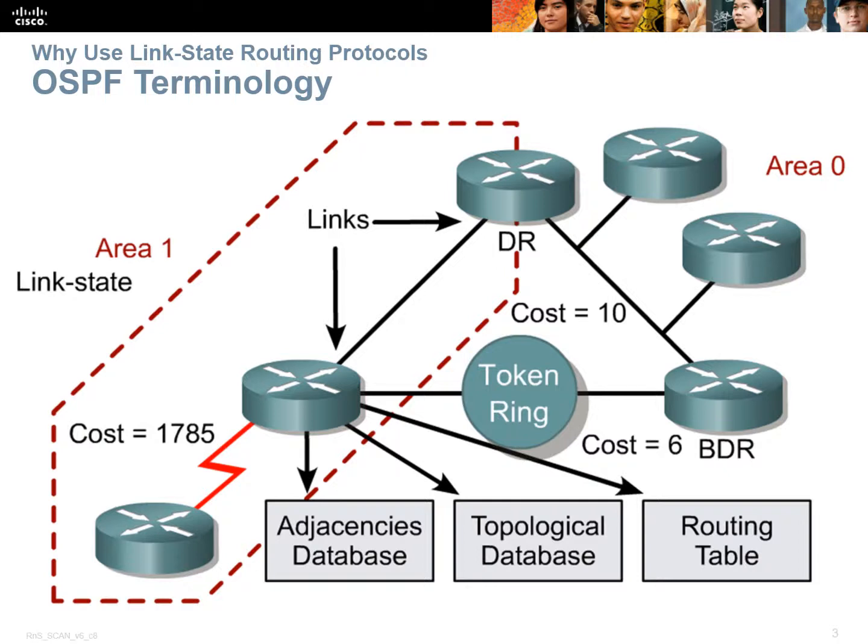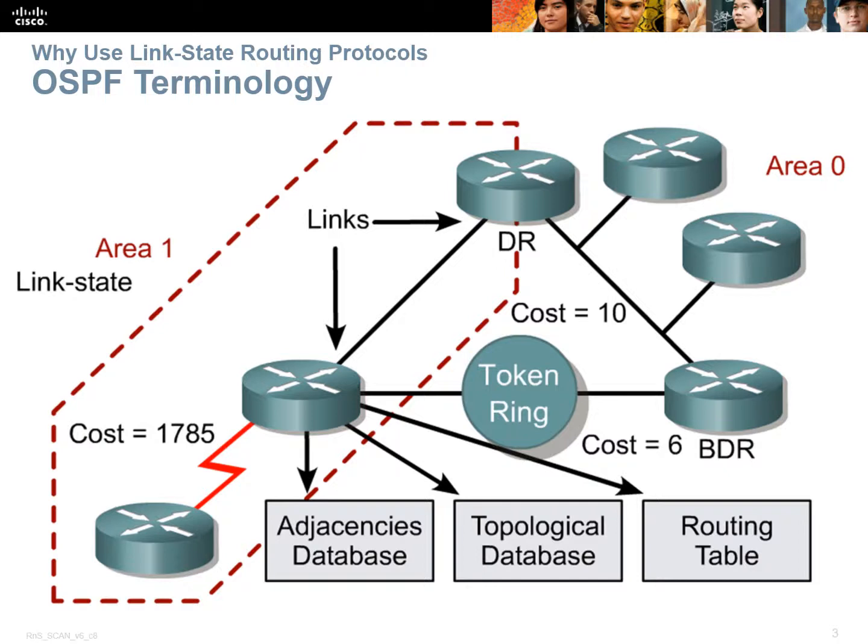And this slow link over here is representative of a 56k link, and 1785 is the cost. So the higher the cost, the slower the connection. That's why in this scenario the token ring is the best path, because it's got the cheapest or the lowest cost.